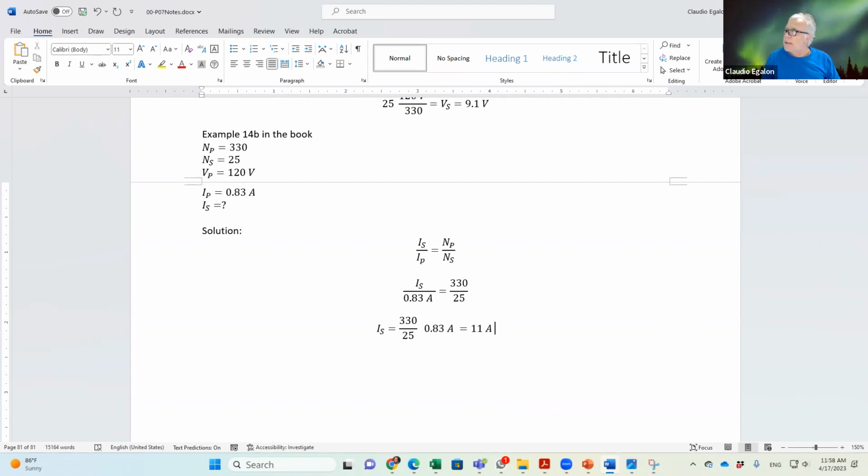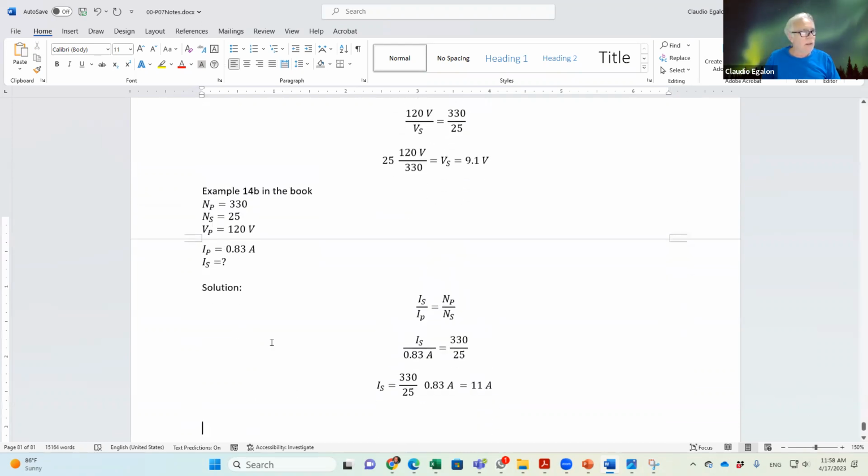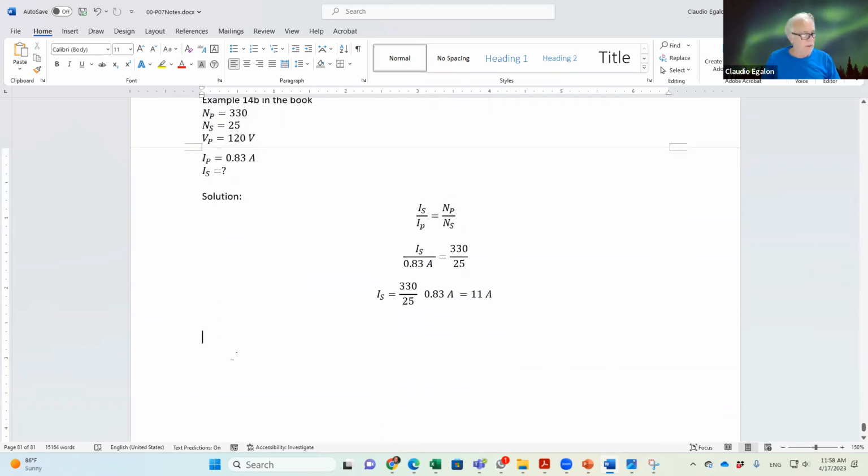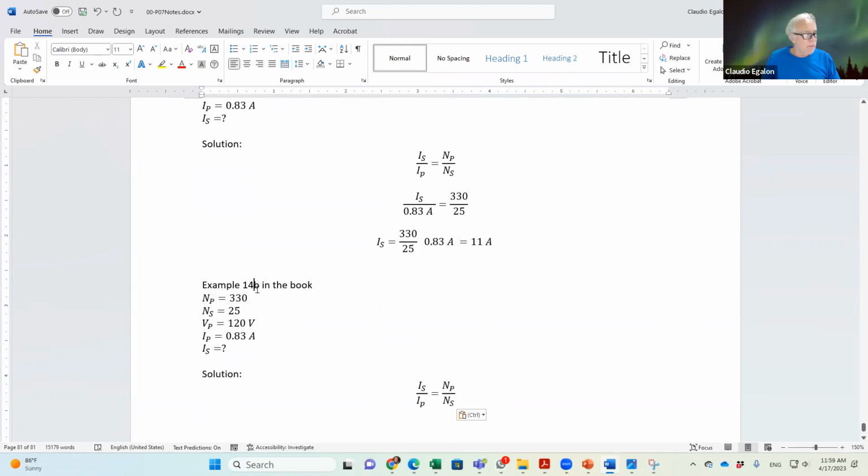Okay, let's see what's the C. The average electric power delivered to the transistor circuit. What is the average power delivered to the secondary circuit? That's what he wants.